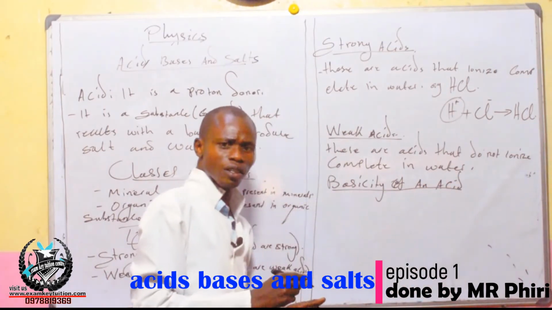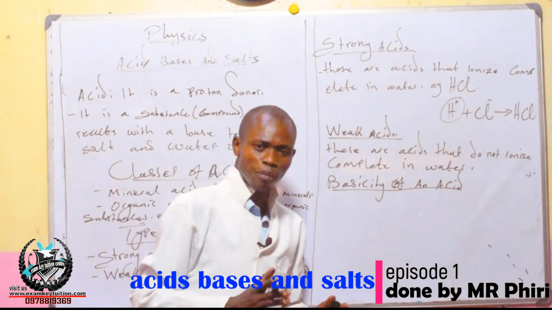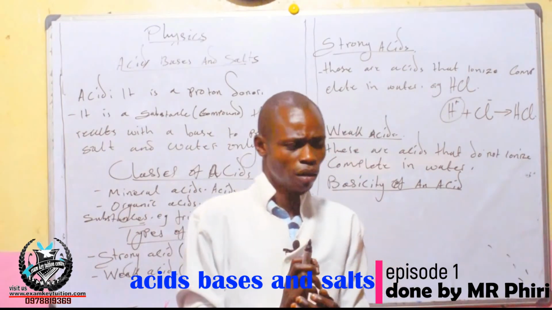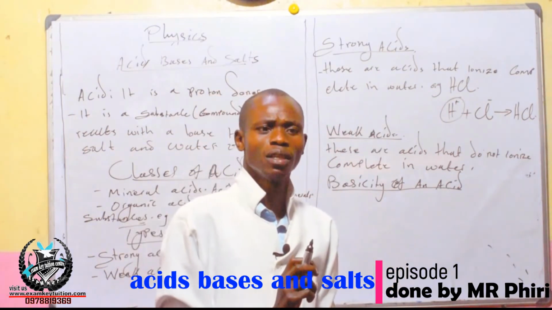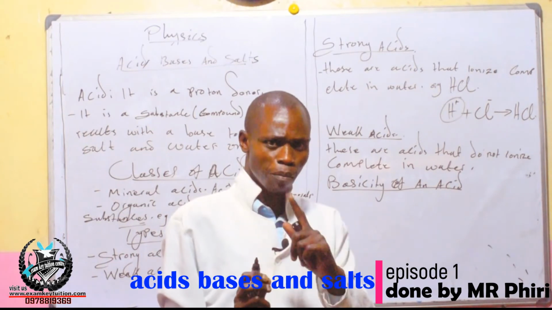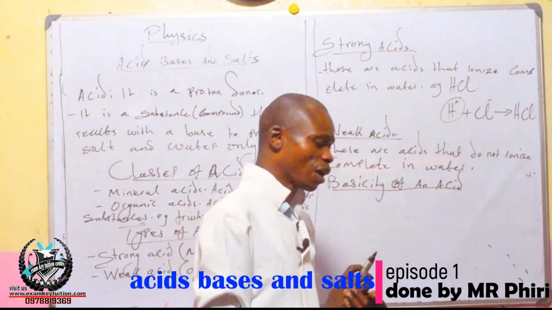What is the basicity of an acid? Basicity of an acid is the number of hydrogen ions that are produced per molecule of an acid.